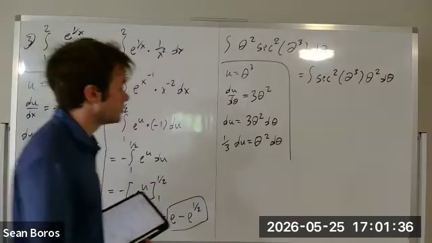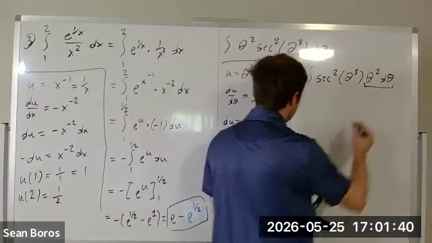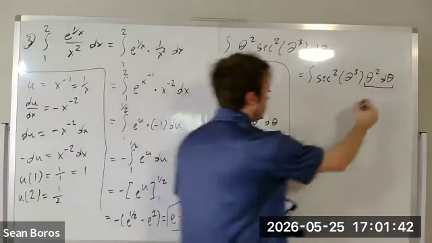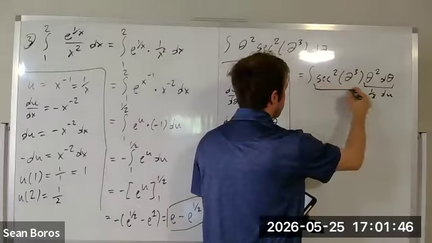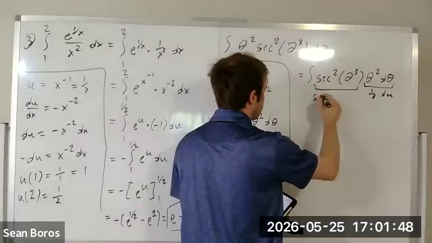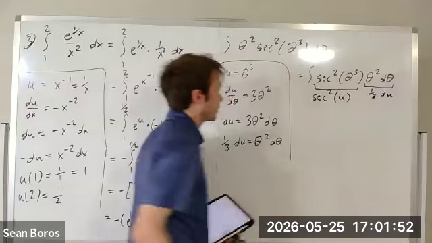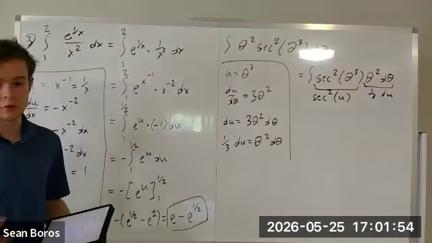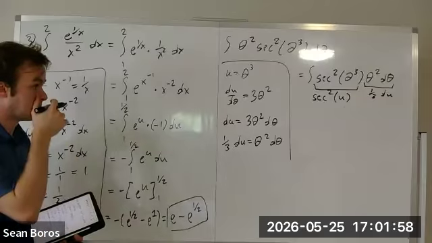The reason I rewrote it like this is just because we can see that the second part is the same thing as 1/3 du. And this first part we said was the same thing, secant squared of u. That's why I rewrote it like that. You don't have to rewrite it like that. It's just kind of helpful to see what's going on.